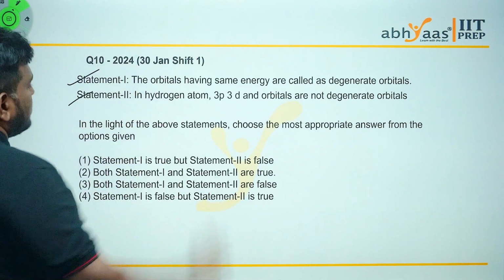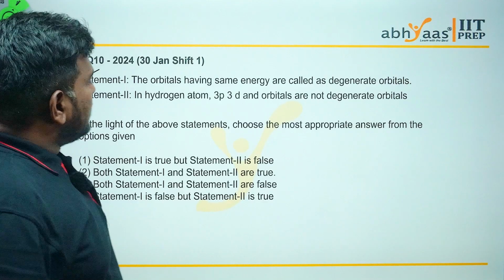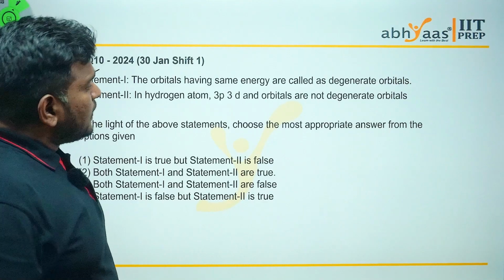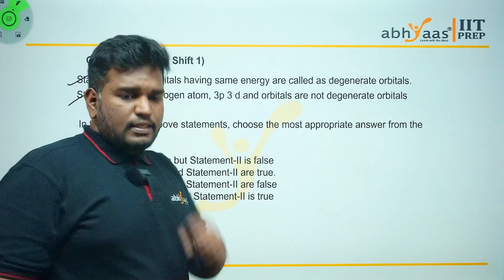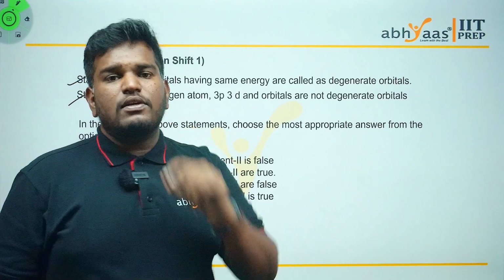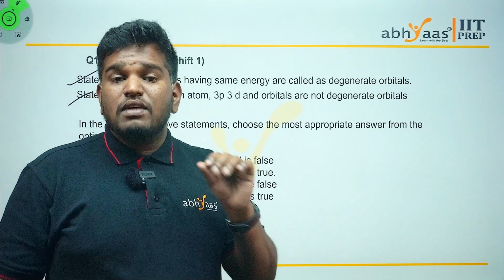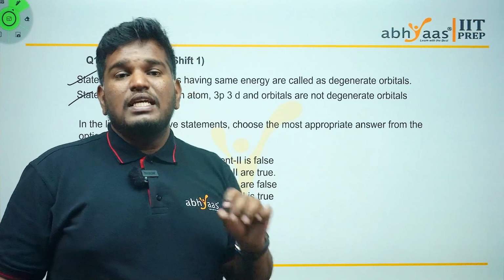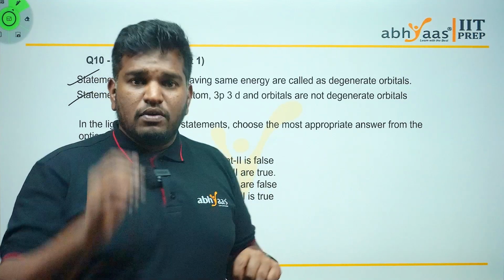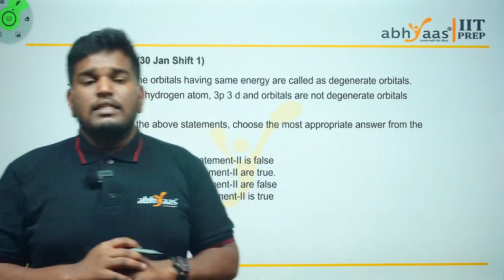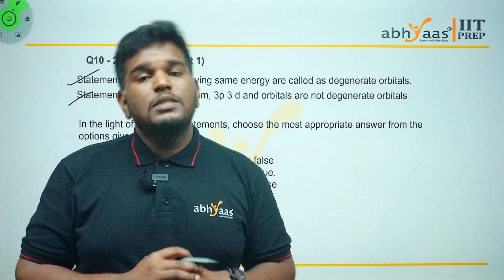Now the second one: in the hydrogen atom, 3p and 3d orbitals are not degenerate orbitals. Hydrogen is a single electron species, and for single electron species the energy is determined by the principal quantum number.